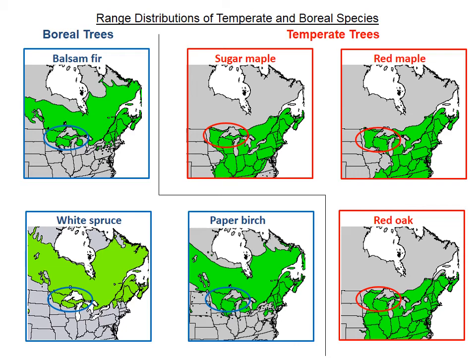Looking at balsam fir, white spruce, and paper birch, we've got the southern and western or southwestern edges of the range here. Those trees are very sensitive to that precipitation and evaporation balance. We've also got a lot of trees with northern range limits, but notice, like sugar maple, red maple, and red oak, but notice they also have their western range limit because they don't go out into the grasslands. So their western range limit is also in Minnesota.